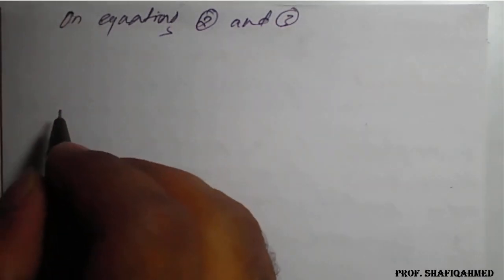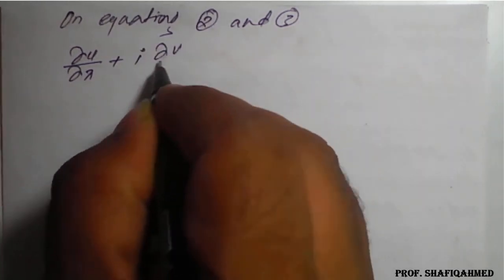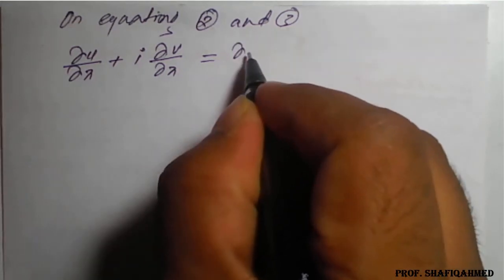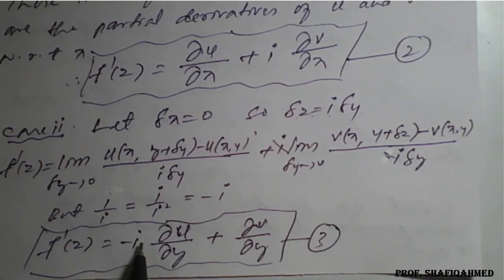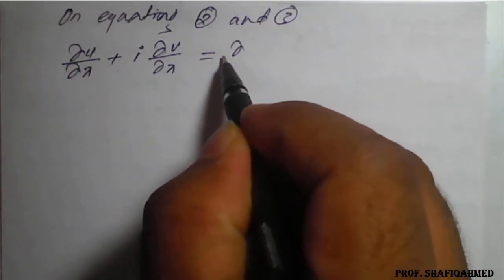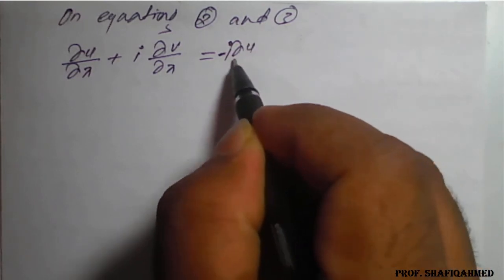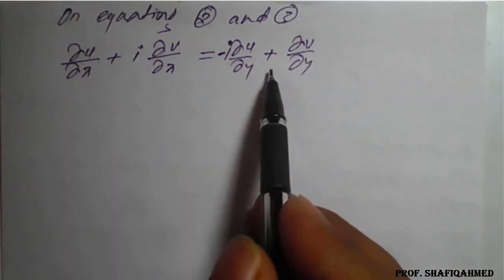Right hand side of 2 is dou u by dou x plus i times dou v by dou x, and right hand side of 3 is minus i times dou u by dou y plus dou v by dou y.